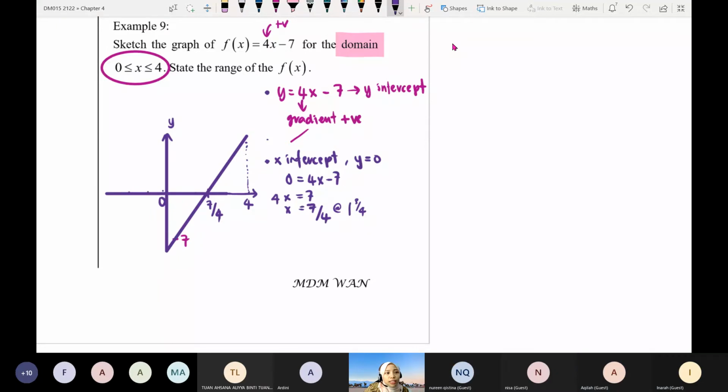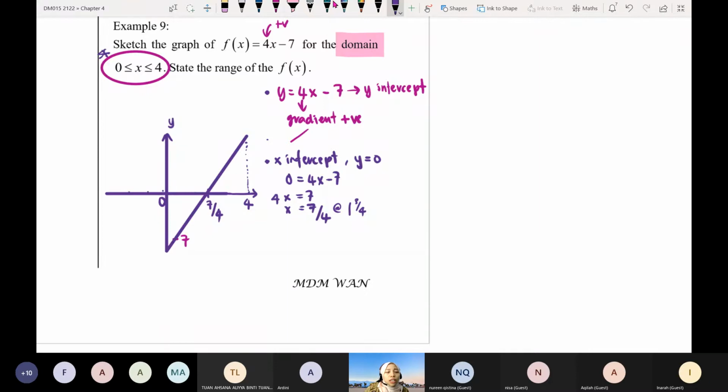The domain given is from 0 until 4, not from negative infinity up to infinity. Or if it doesn't state, it means you are doing all real numbers.